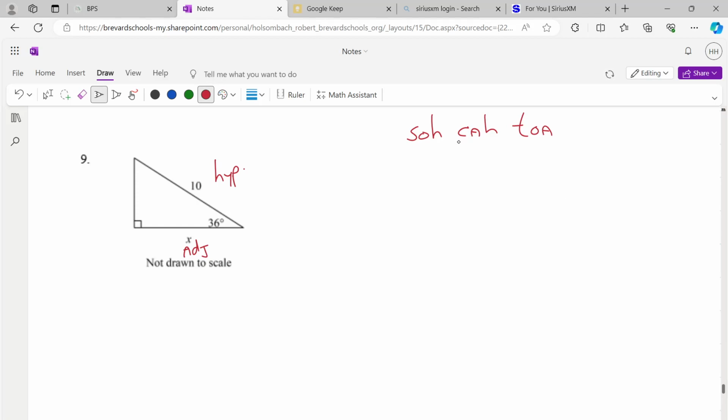All right, adjacent and hypotenuse is cosine, so we have cosine 36 equals the adjacent side, which is the x, over the hypotenuse, which is 10. Multiply both sides by 10. The 10s on the right cancel, so 10 times cosine 36 equals 8.1.